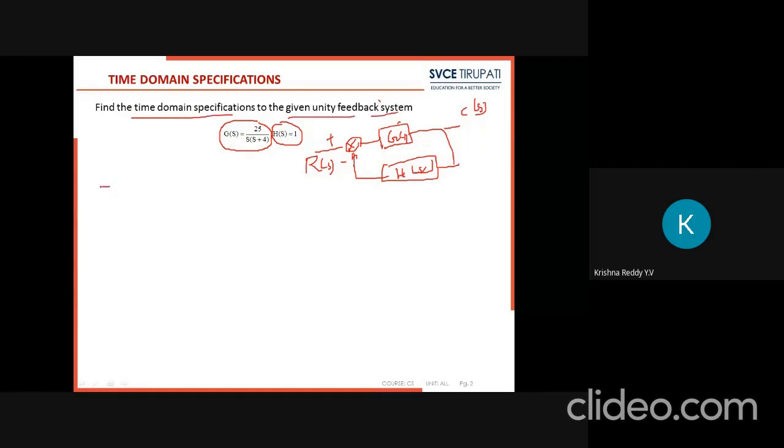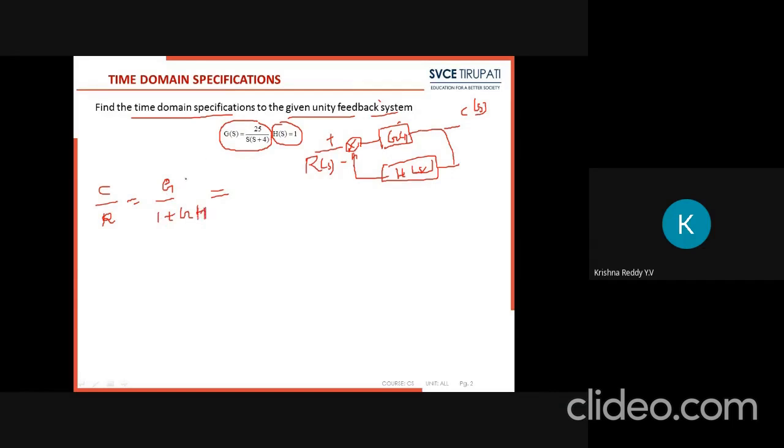Now what is the transfer function for this one? It is G divided by 1 plus GH. When we have negative feedback, the transfer function is G divided by 1 plus GH. G is 25 divided by S into S plus 4, and H is 1.